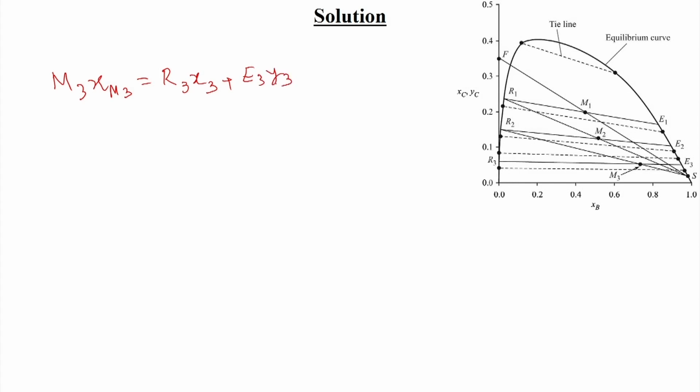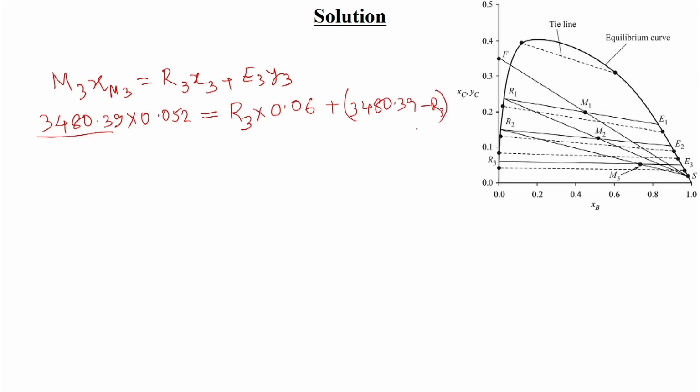M3 is 3480.39 into XM3, which is 0.052, equal to R3, which we need to find, into X3, 0.06, and E3 is nothing but the total minus R3, so 3480.39 minus R3, into 0.05.